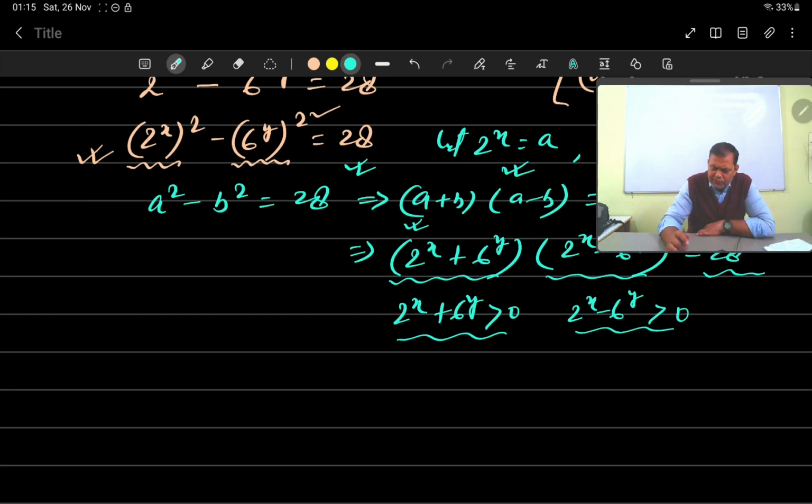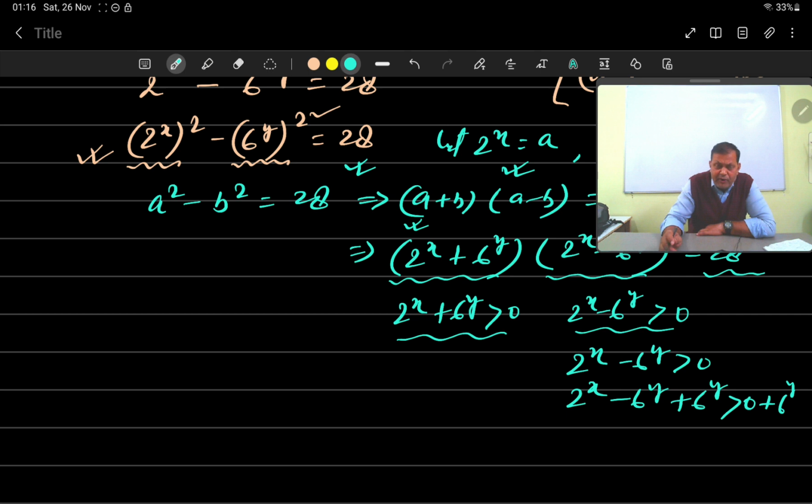Okay, so now just think, 2 to the power x minus 6 to the power y is greater than 0. So you can write 2 to the power x minus 6 to the power y plus 6 to the power y is greater than 0 plus 6 to the power y, by using the rule of inequality.